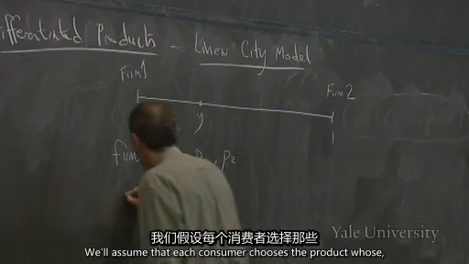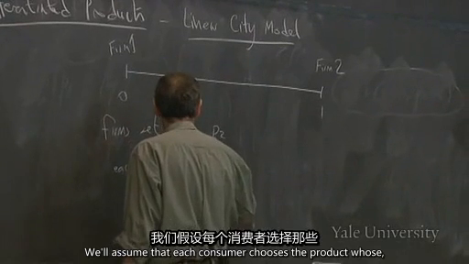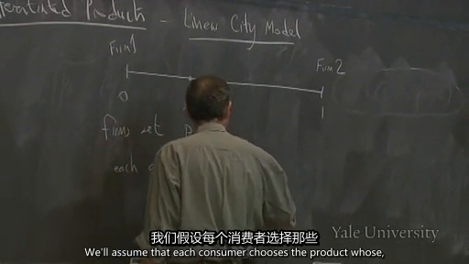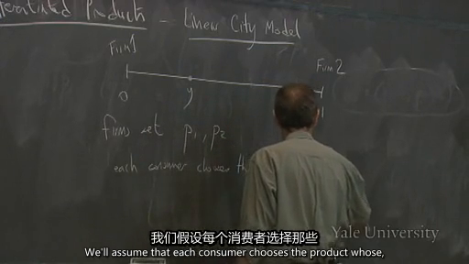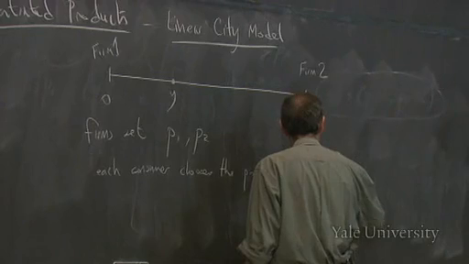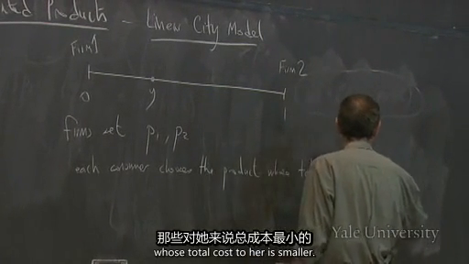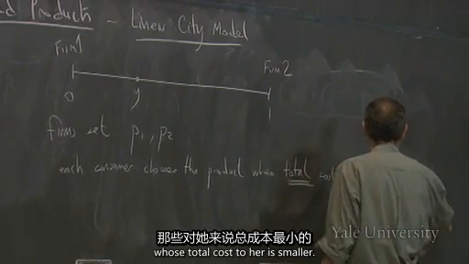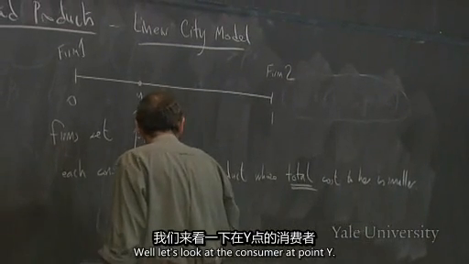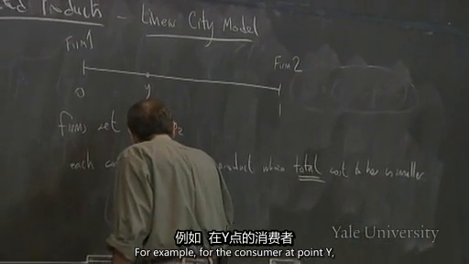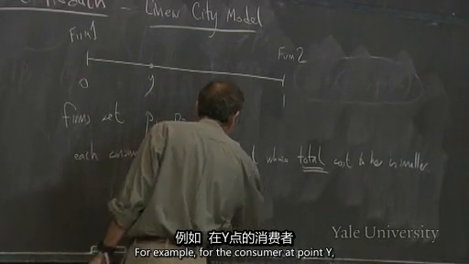And we'll assume that each consumer chooses the product whose, and I'll be careful here, total cost to her is smaller. And what do we mean by total cost? Well, let's just look at the consumer at point y.